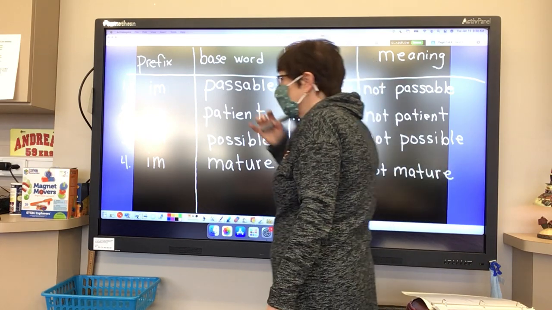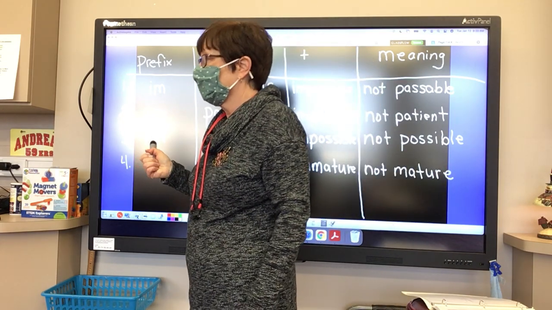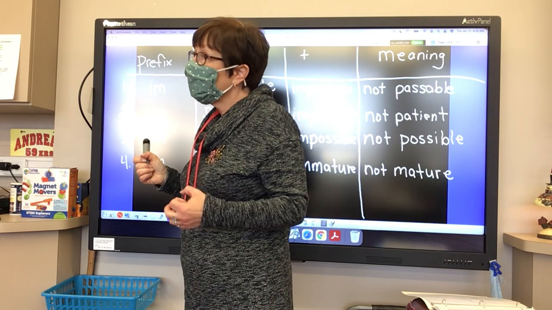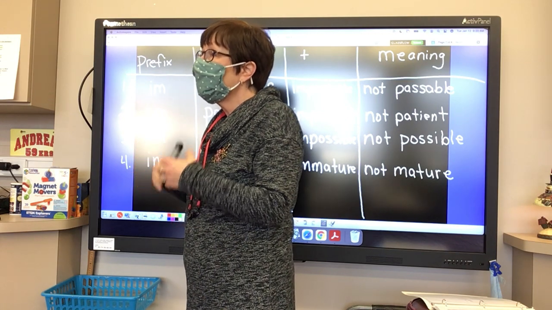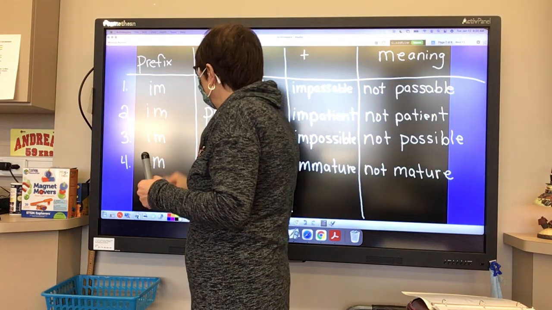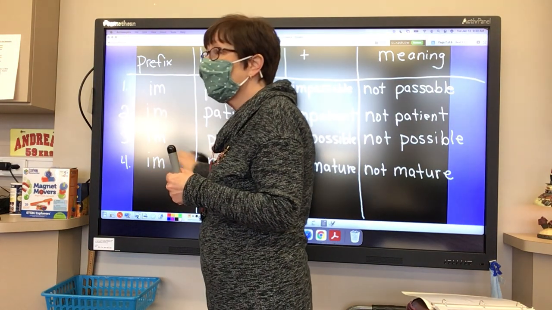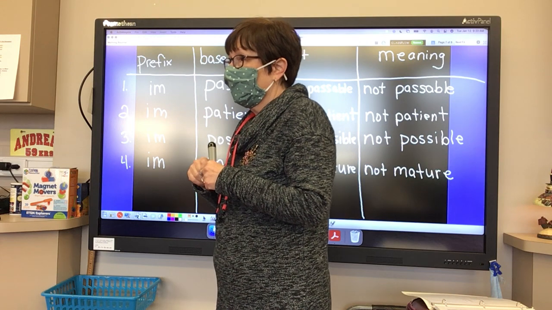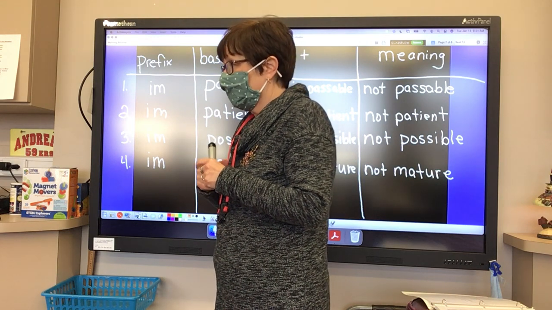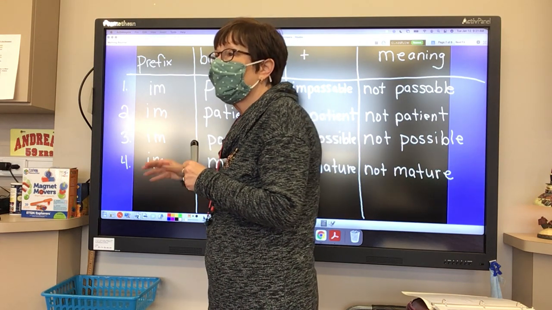Now, boys and girls, let's discuss this. When we're adding a prefix to a word, we add the prefix to the base word. We don't drop any letters. Nothing changes with the prefix.